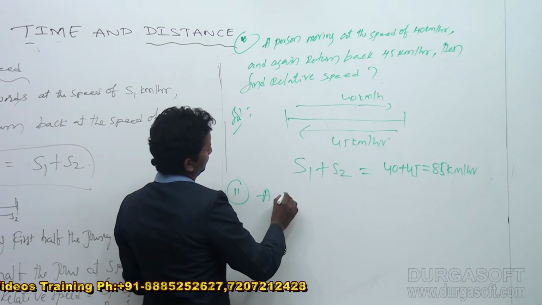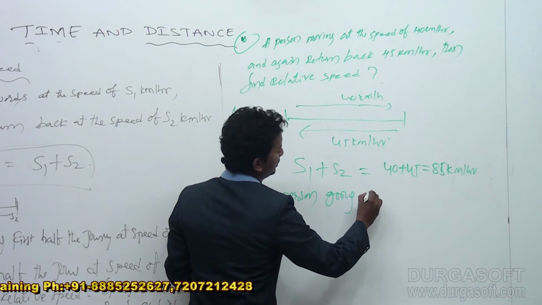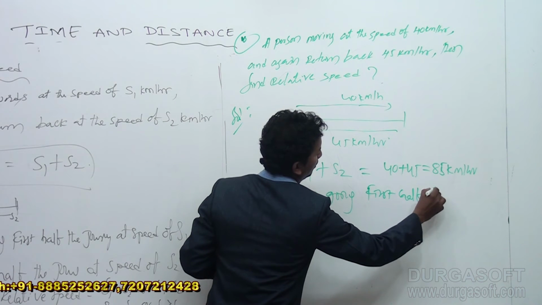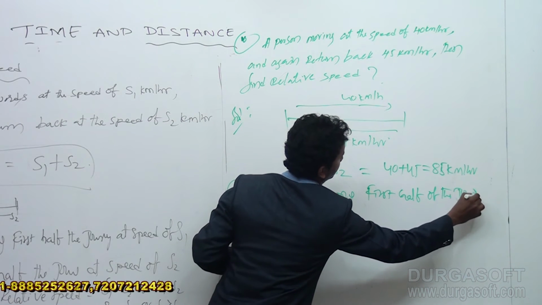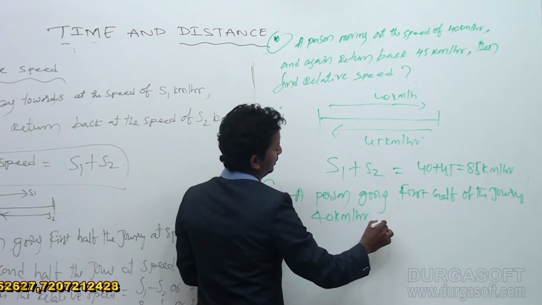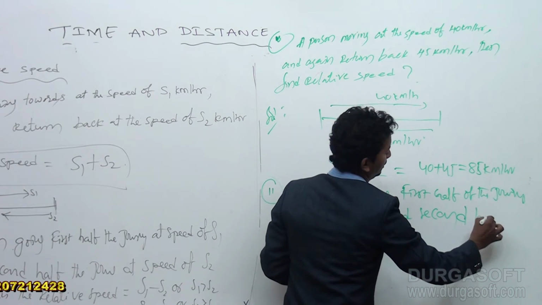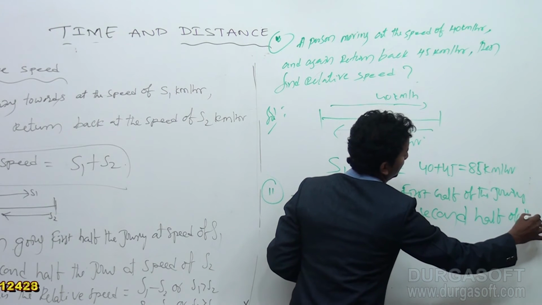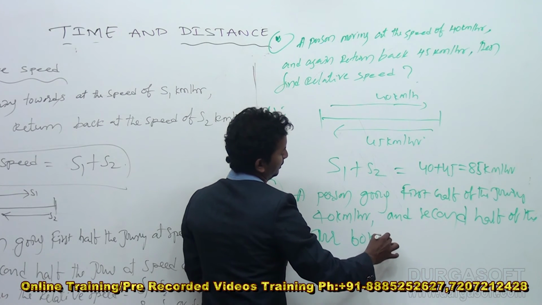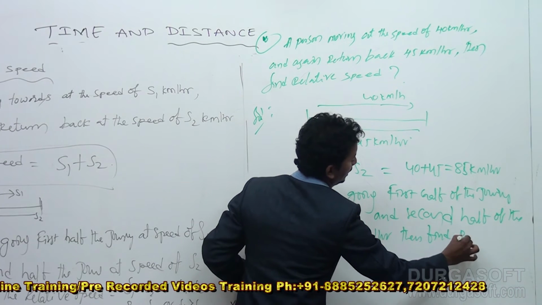Now a person going the first half of the journey at 40 kilometer per hour, and the second half of the journey at 60 kilometer per hour, then find the relative speed.